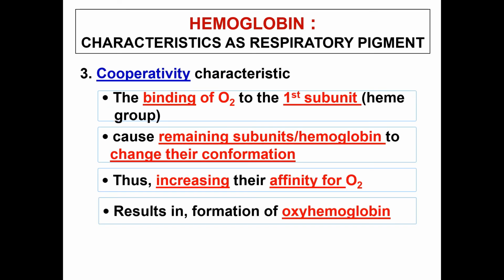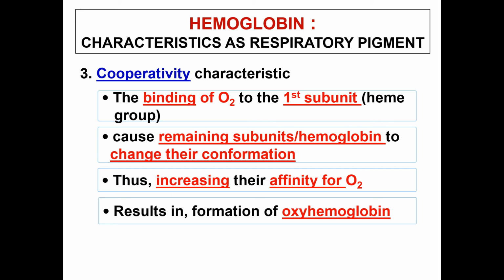The third characteristic is cooperativity. So do you still remember hemoglobin has 4 subunit. So untuk empat-empat ni, sebab dia bentuk subunit dia saling kesan antara satu sama lain.